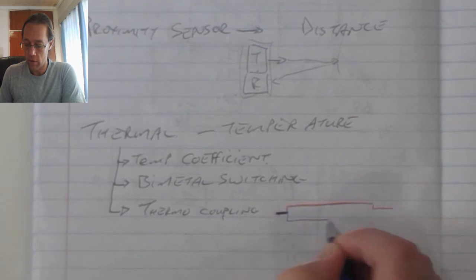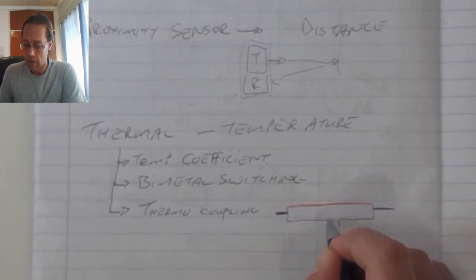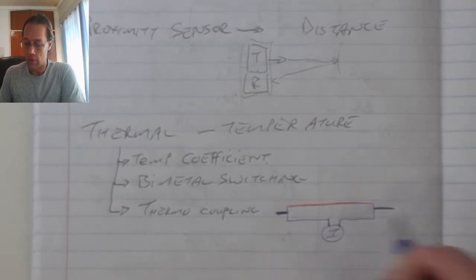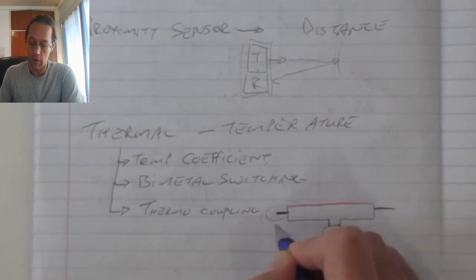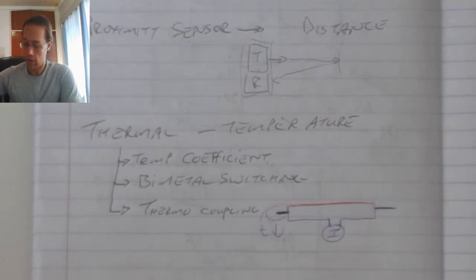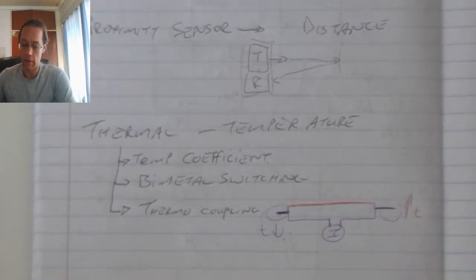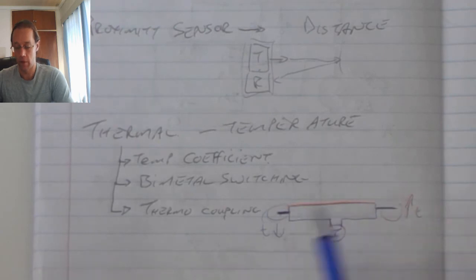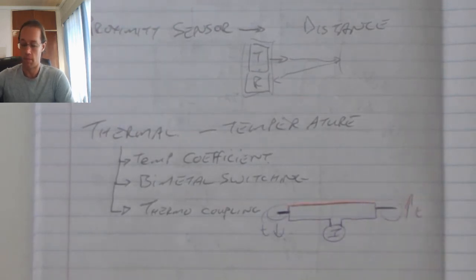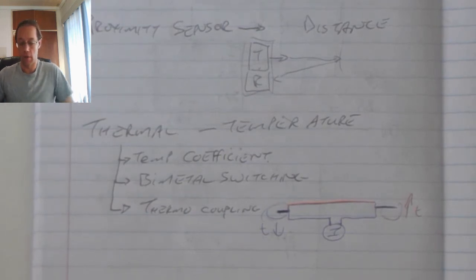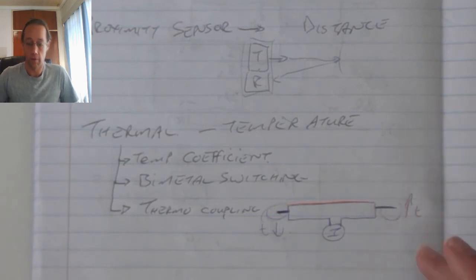Join those two materials on the edges, and then that goes towards my input, and then on the one side we decrease the temperature, and on the other side we increase the temperature, and that temperature difference will cause a current to flow, which can then be determined, and the size of that current can then be used to determine the size of the temperature difference.